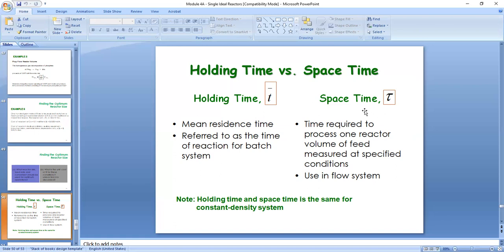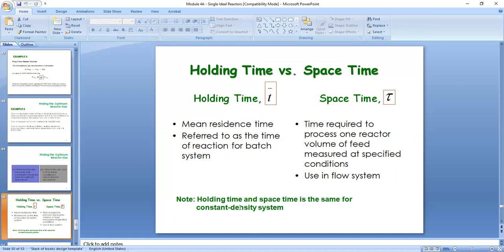The space-time, we have already defined this based on continuous flow system. So this is the time required to process one reactor volume of feed measured at specified conditions and associated with flow system. Now, if the holding time and the space-time are the same, when will this be possible?